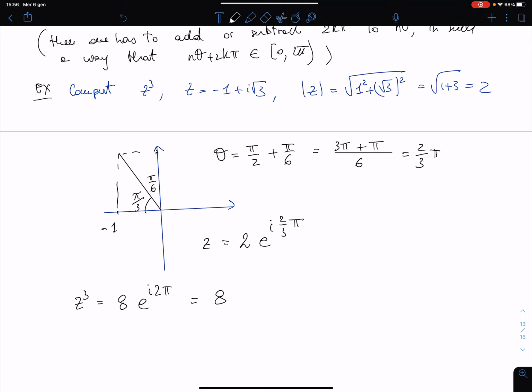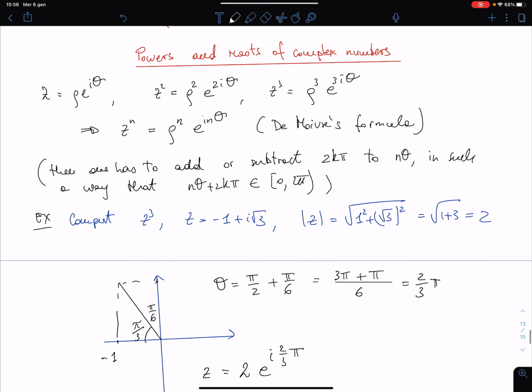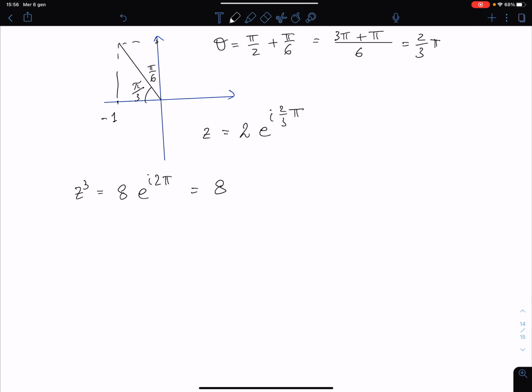And so this is for what concerns powers, and now we go to roots.